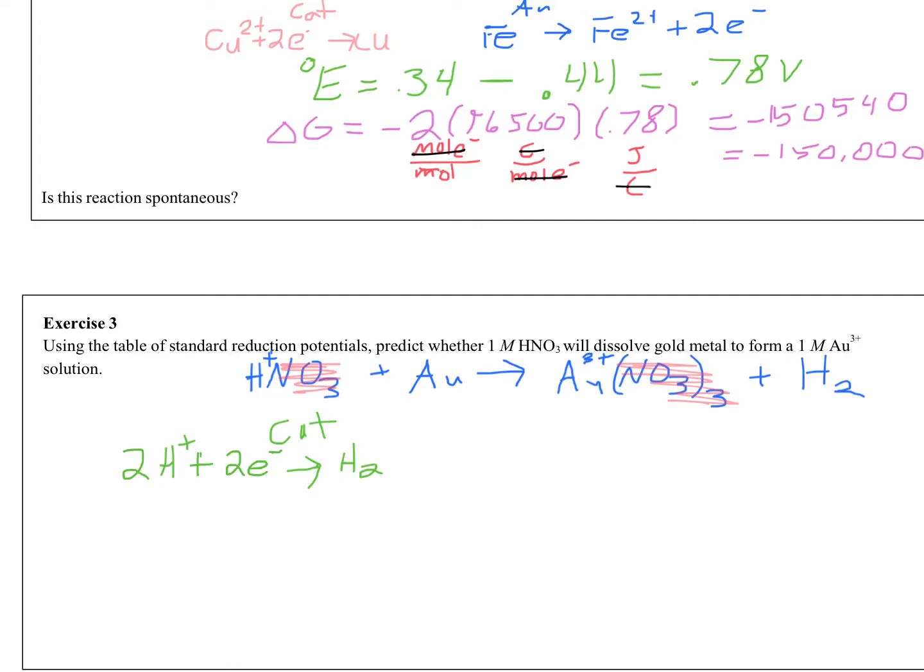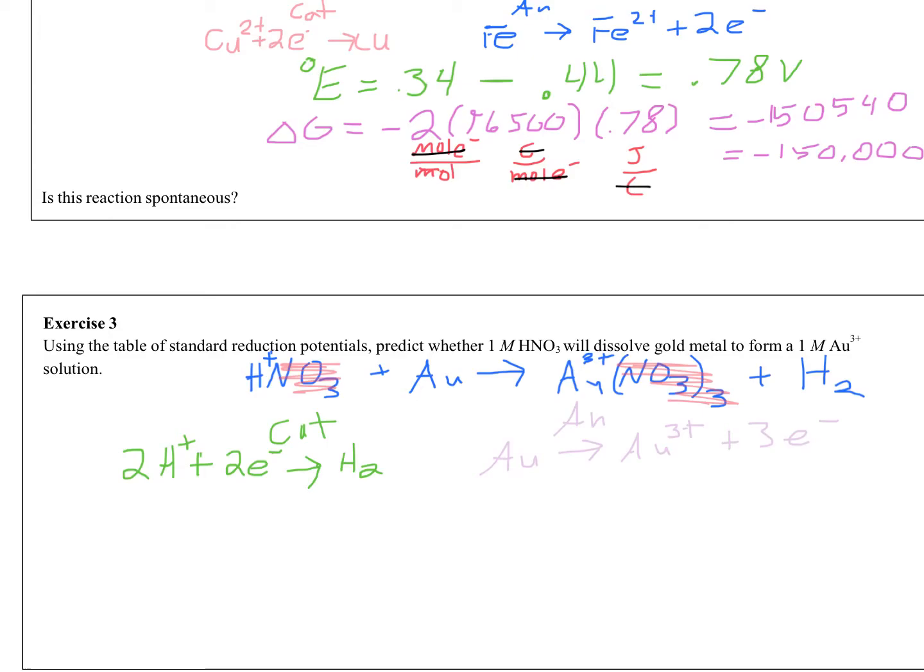On the other side, for my anode, I have Au gold becoming Au3+. Balance out the atoms that are there, 1 Au, 1 Au, then balance out the electrons, plus 3 electrons. I check and it does not actually ask me to balance out the equation, so I won't worry about the fact I have 2 and 3 electrons. All I need to do is look for the E overall.